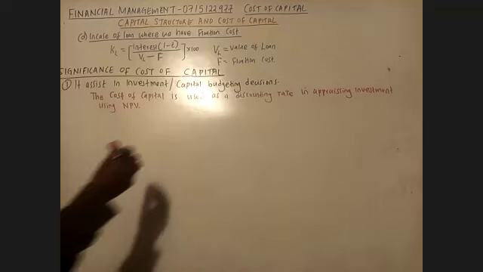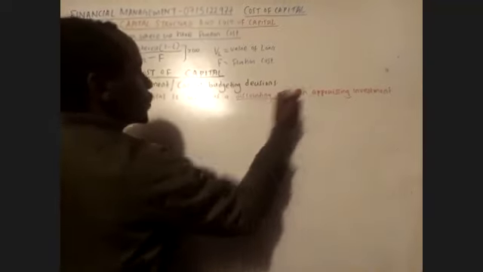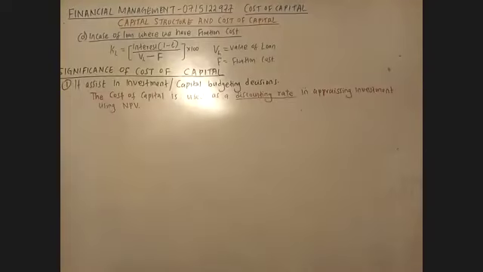So that rate is usually the cost of capital. The discounting rate is used to determine the viability of a project.